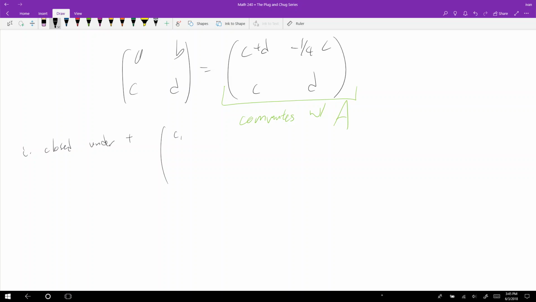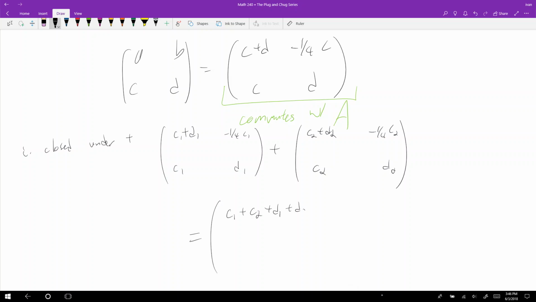Because let's say you have C1 plus D1, C1, D1, negative 1/4 C1, and you add it to C2 plus D2, C2, D2, negative 1/4 C2. Well, this resulting matrix is just C1 plus C2 plus D1 plus D2, and then this is C1 plus C2, this is D1 plus D2, and this is negative 1/4 C1 minus 1/4 C2.